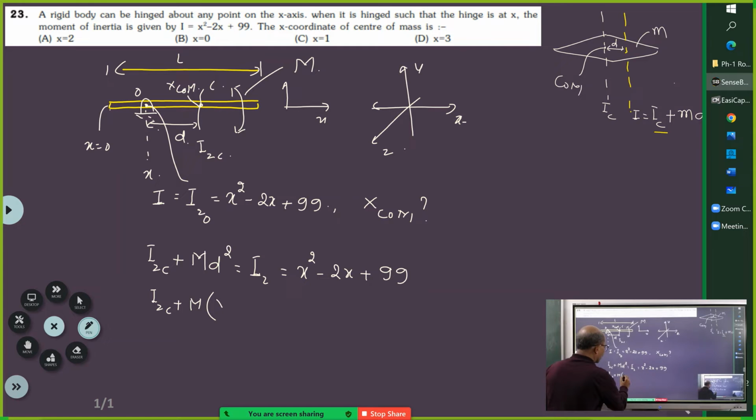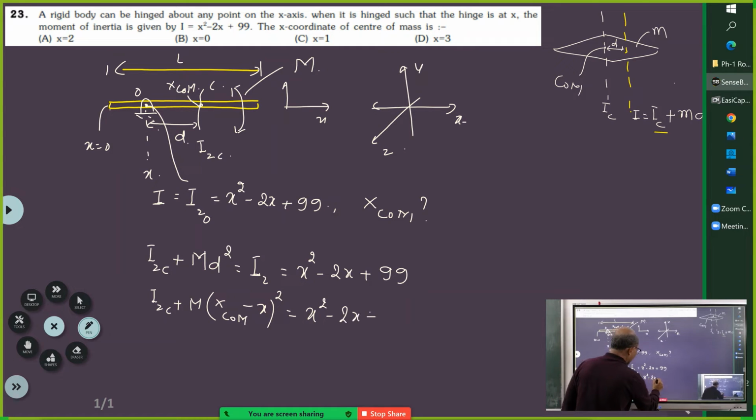Yes, so it is minus xcom, minus x, square. This is equal to x square minus 2x plus 90. So what is your next step? Just expand it and equate the coefficients.